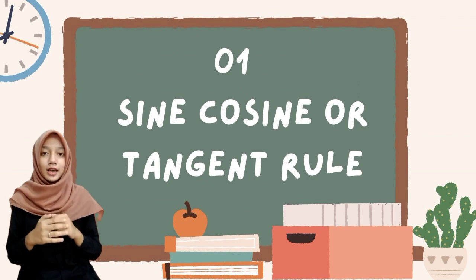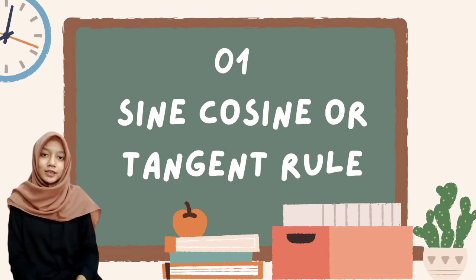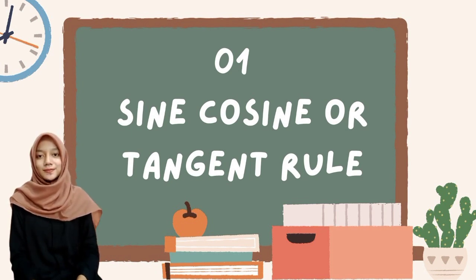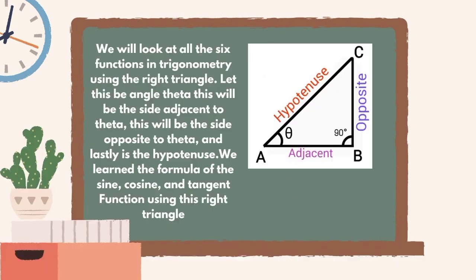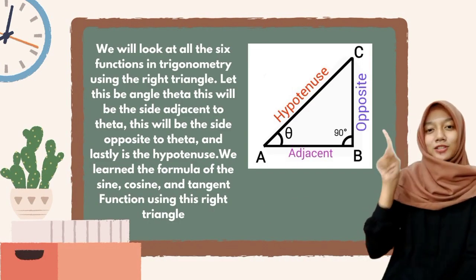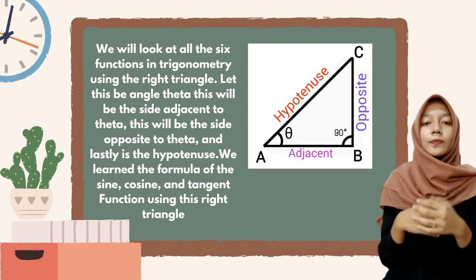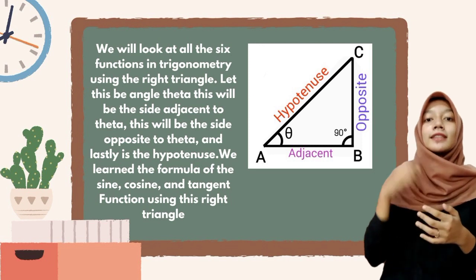The first material is the sine, cosine, or tangent rule. Please pay close attention. We will look at the 6 functions in trigonometry using the right triangle. Let this be angle theta.